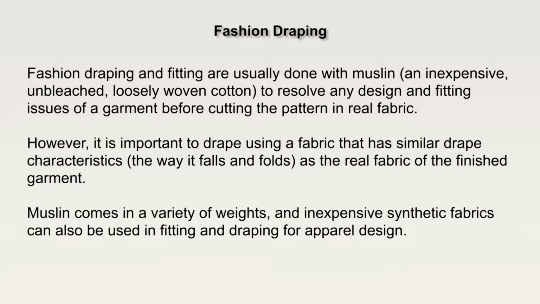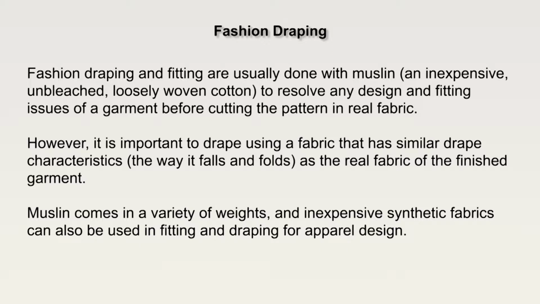Fashion draping and fitting are usually done with muslin, which is an inexpensive, unbleached, loosely woven cotton fabric. This is done to resolve any design and fitting issues of a garment before cutting the pattern in real fabric.